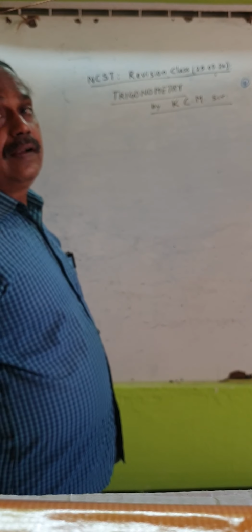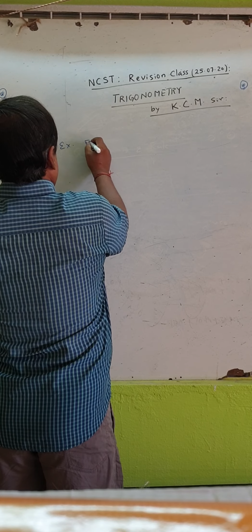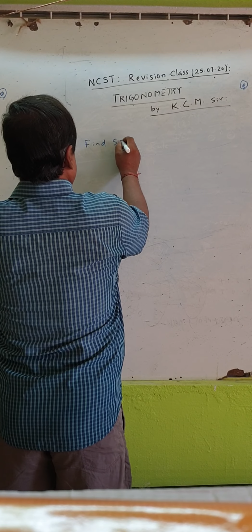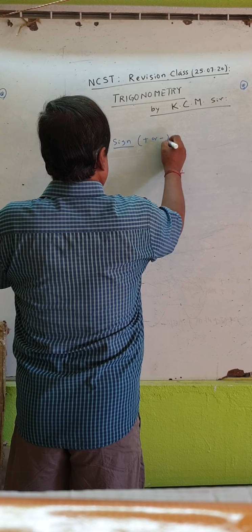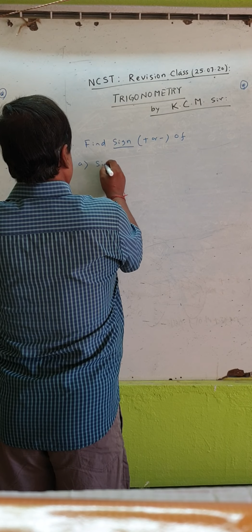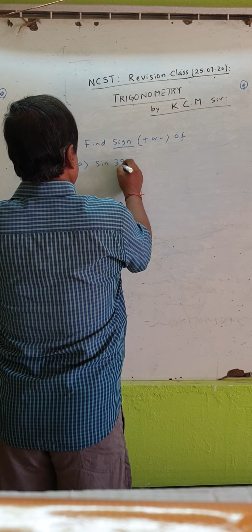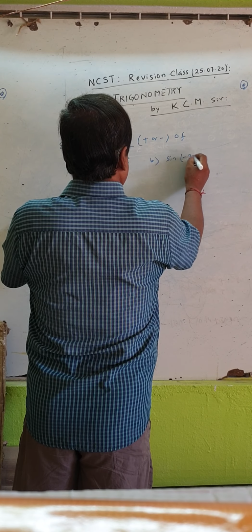Let us say an example, find whether sine is positive or negative: a, sine 390 degree, b, sine minus 390 degree.